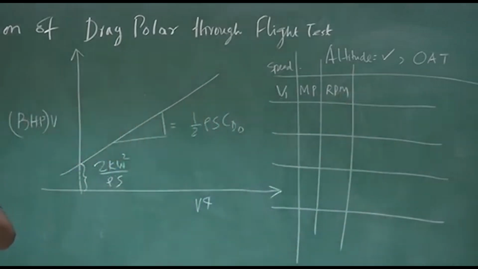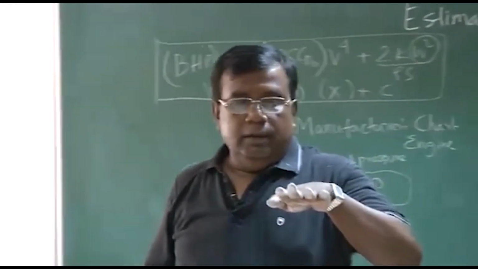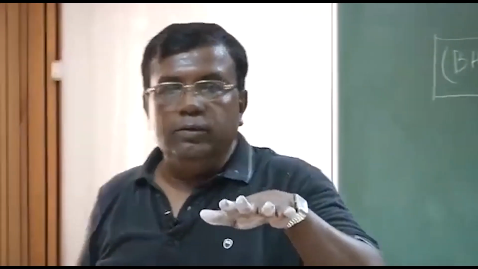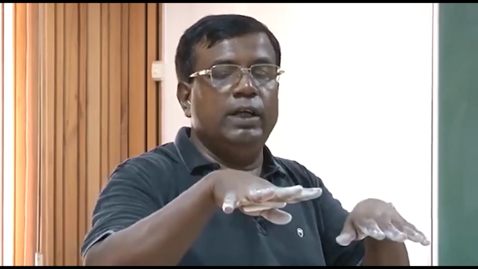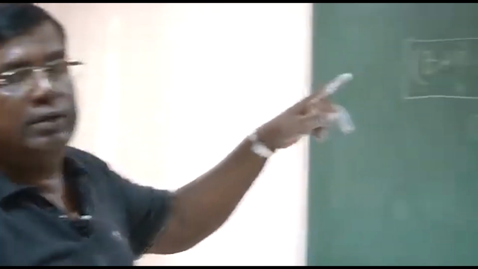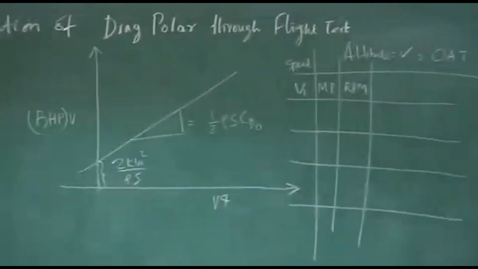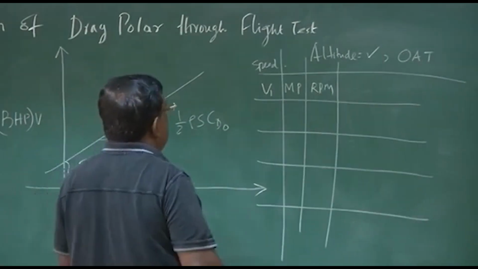Once the pilot is okay with the cruise at V1, you check the airspeed indicator, whether the speed is the same or not. You check the altimeter, whether the height is constant or not. You check the bank indicator, whether it's level or not. If yes, you note down V1, the manifold pressure, and the RPM.